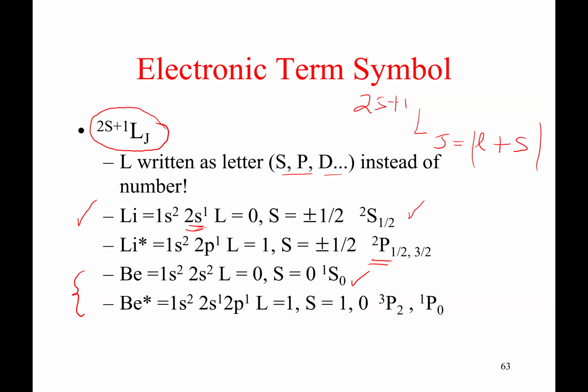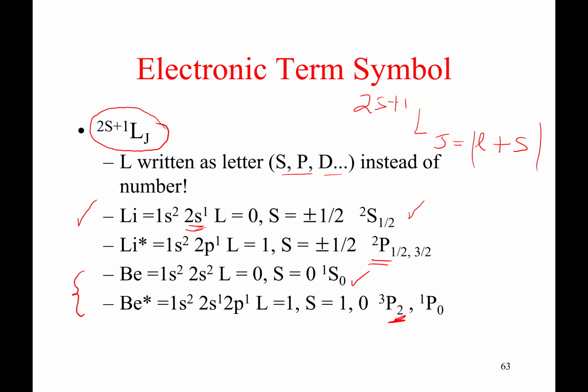Then you can calculate J, L plus S, in that case, because we took a scenario where the electrons are all facing up, one in the s orbital and one in the p orbital, right? Because it's L plus S, the L is 1, and then S will be 1.